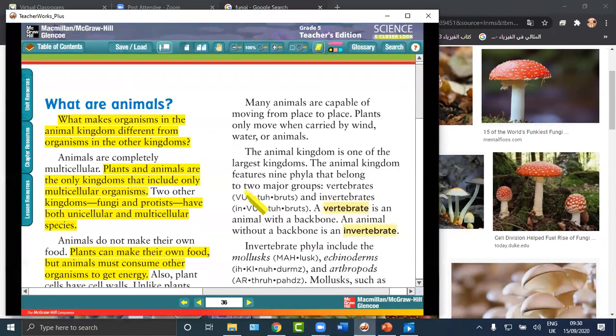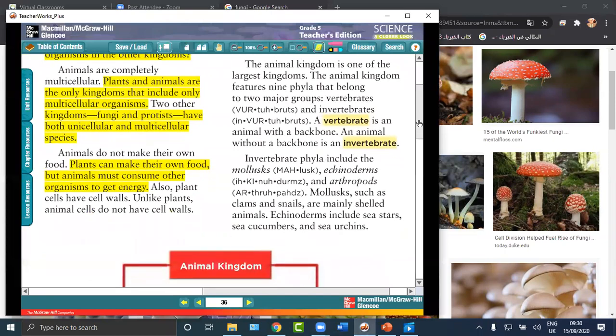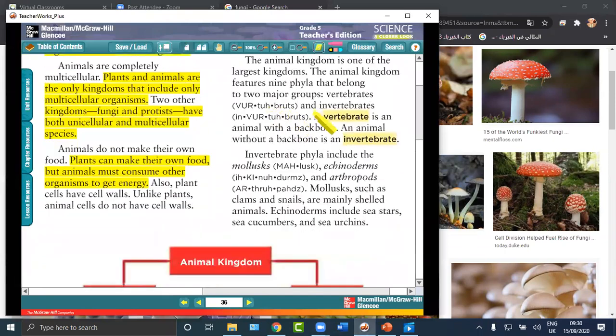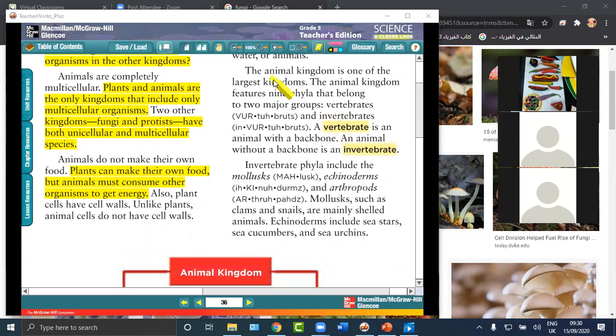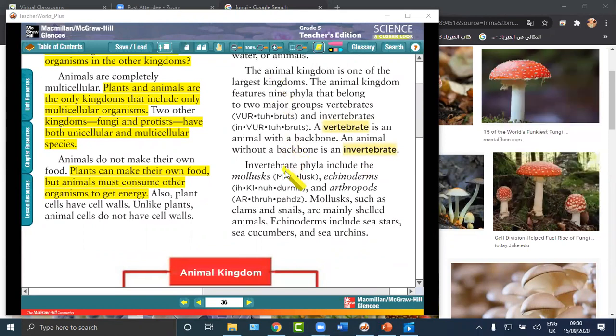Okay, now who can complete the animal kingdom? Who can read? Okay, Rami.